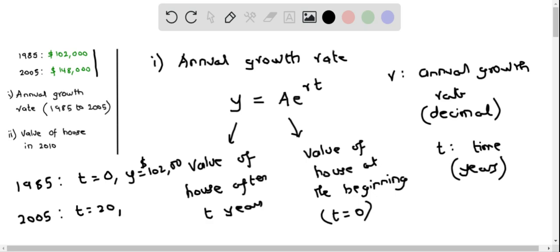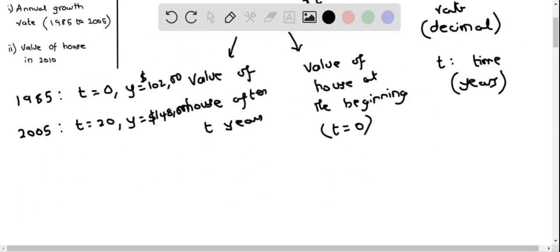So we consider t equal to 20, and then y equals $148,000. So we can plug these two values into the equation to solve for R. Let's do that. So plug in t equal to 0 and y equals $102,000.